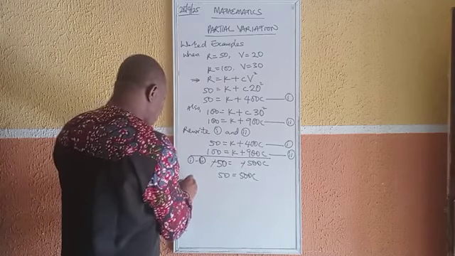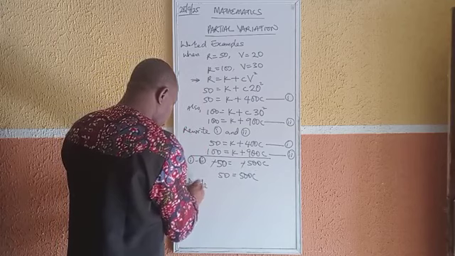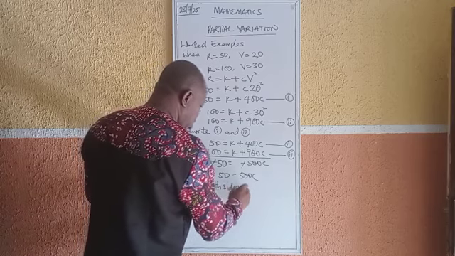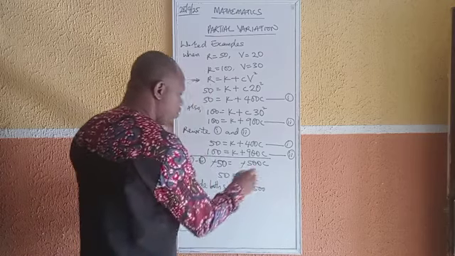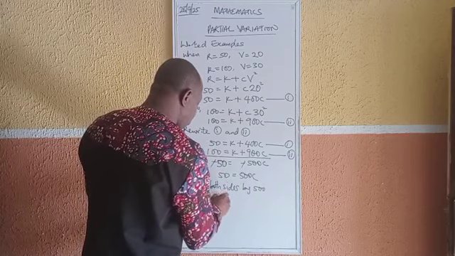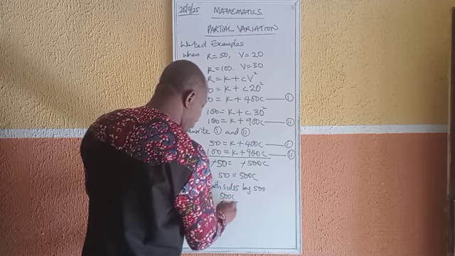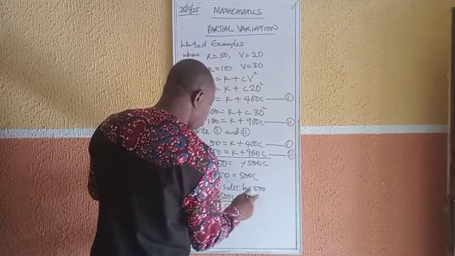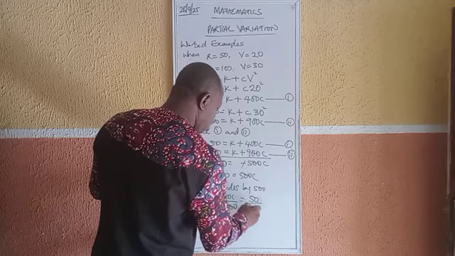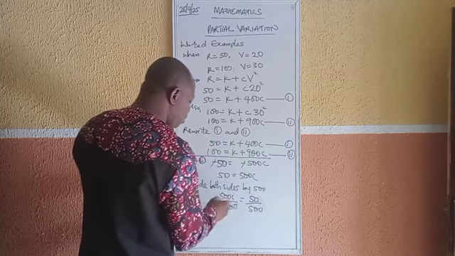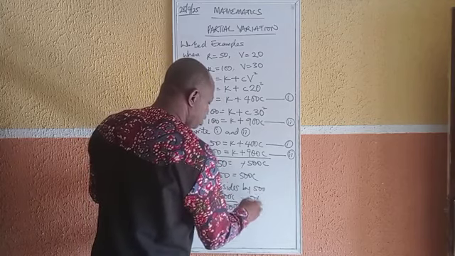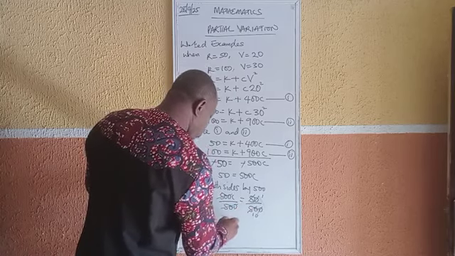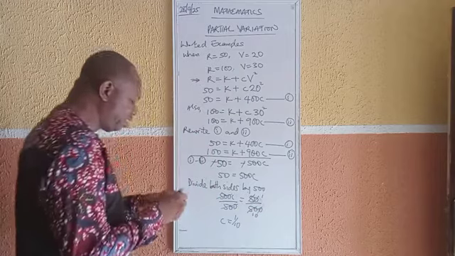We divide both sides by 500. 500C over 500 equals 50 over 500. 500 will take 500 here, 0 will take 0 here, 5 here, 1. 5 here is 10. So the value for C is 1 over 10.